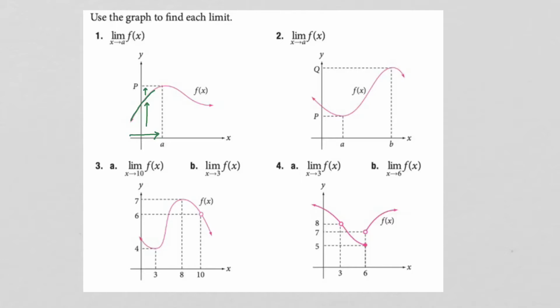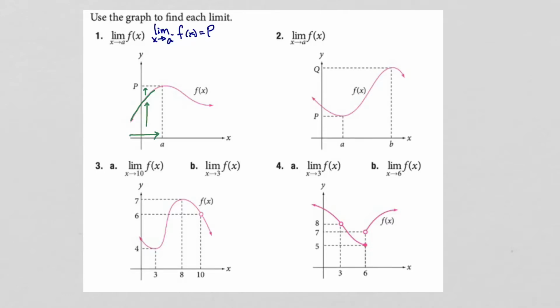So as we approach a from the left side, the verticals of the function seem to be approaching this number p. So I'm going to write as x approaches a from the left side, this function seems to be approaching p.